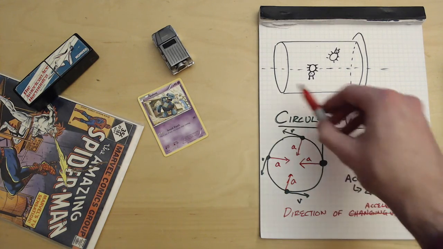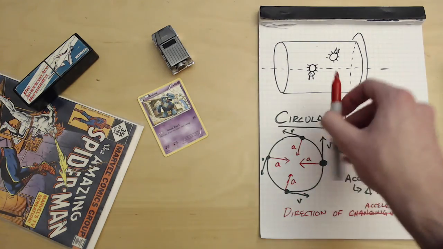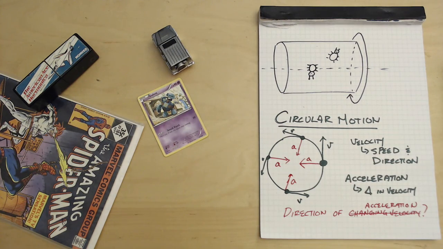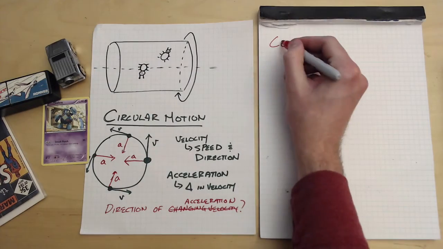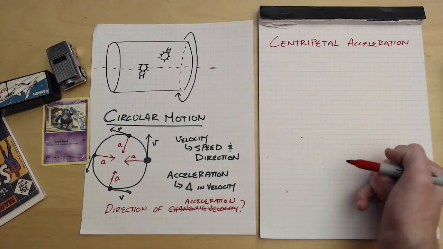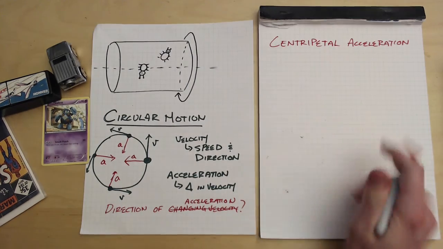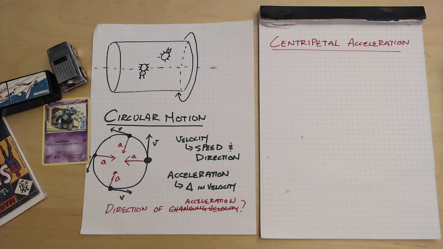Although the velocity is constant around the edge of the circle, there still is an acceleration that points towards the middle. And this acceleration has a fancy name. It's called the centripetal acceleration. Go ahead and say it. Centripetal acceleration.